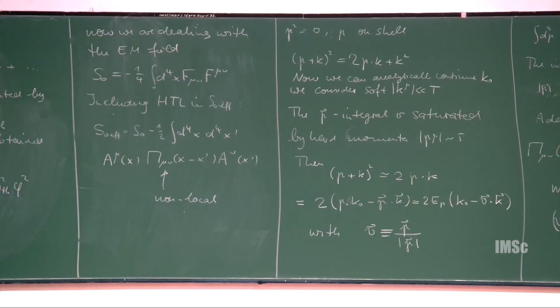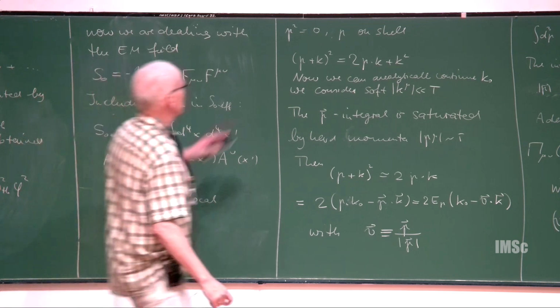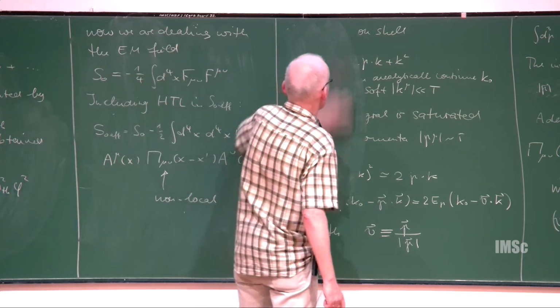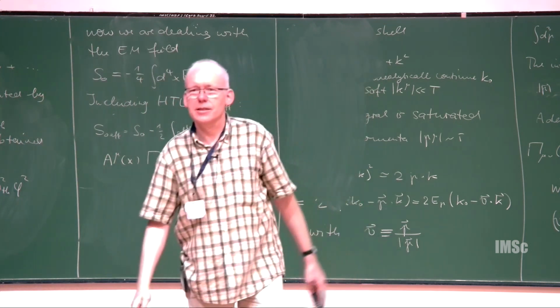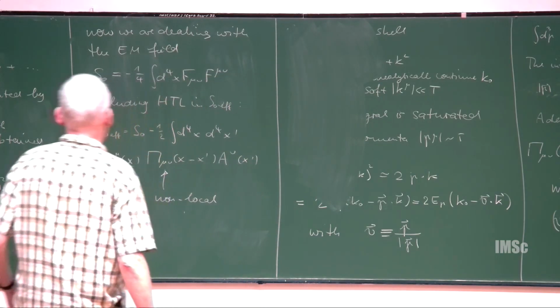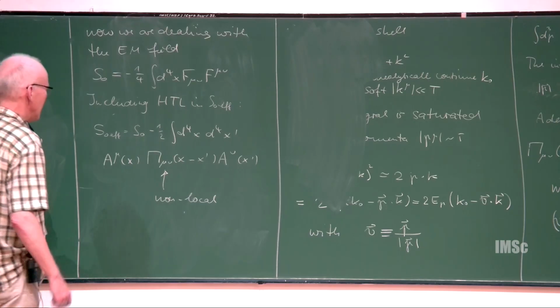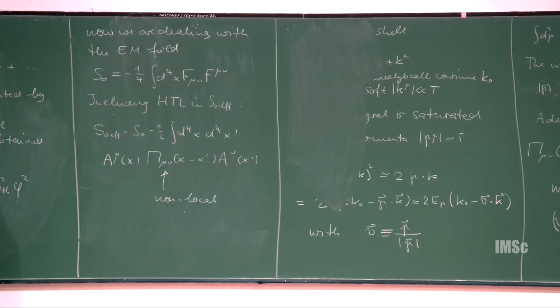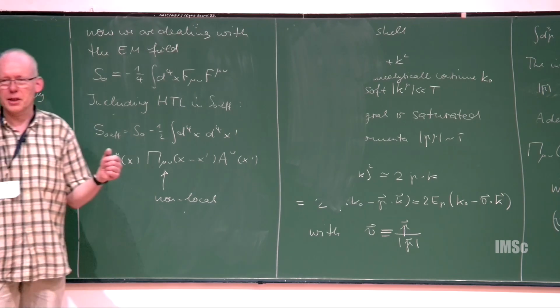Okay, this looks complicated. Is it gauge invariant? Yes, it is. I didn't show you, but the reason is that I wrote earlier that this is a two-point function of the electromagnetic current.